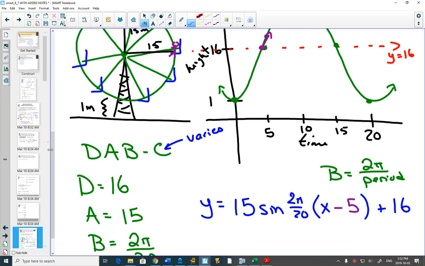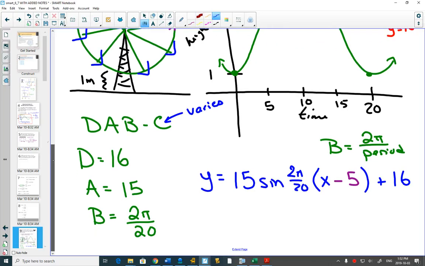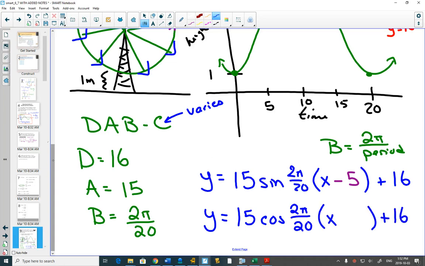Let's say we wanted to do a cos graph. Well, it still has the same amplitude, the same period so the B value will be the same, and the same sinusoidal axis. The only thing that changes would be where we start. I'll do this one in orange.